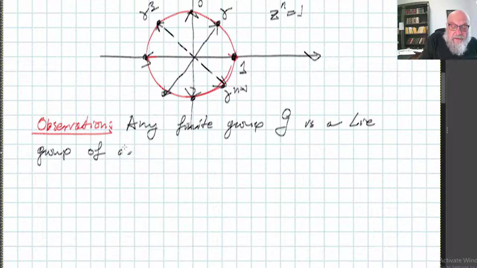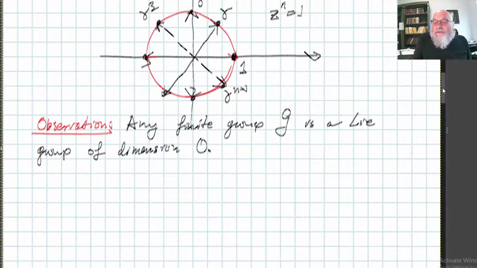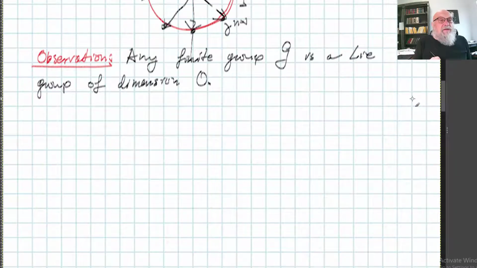You can say like this, of dimension 0. So this is the dimension of this group. We will give more examples of groups that will be of particular interest. We will be using these examples in our applications, we'll consider them as a kind of beginning groups for developing all kinds of concepts, and we'll be illustrating these concepts using these particular groups.